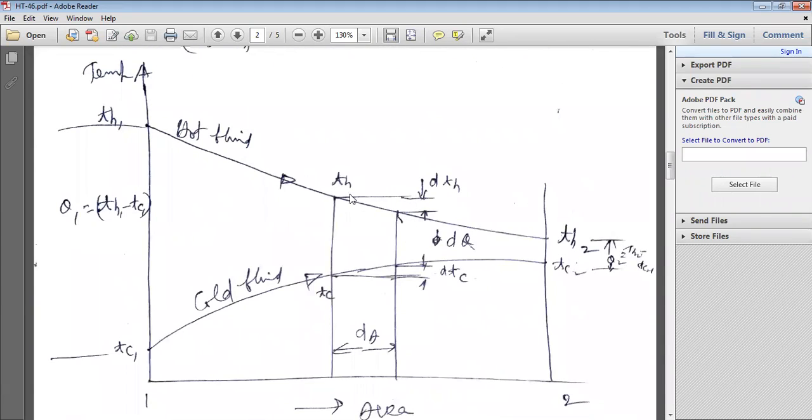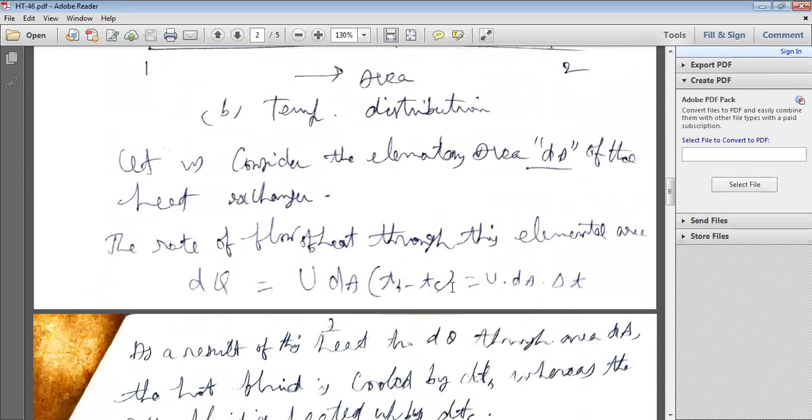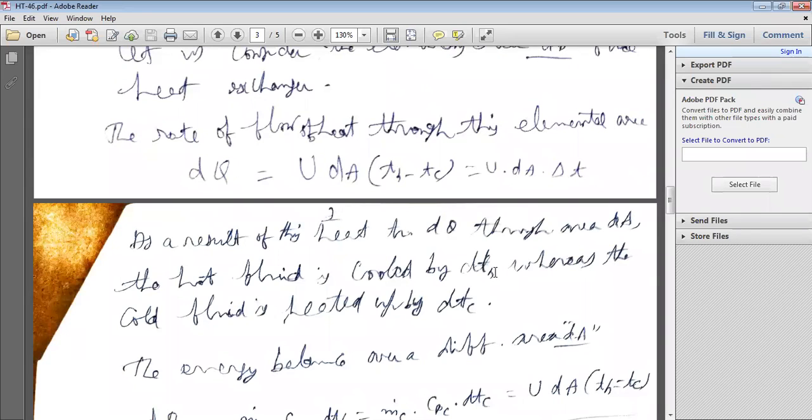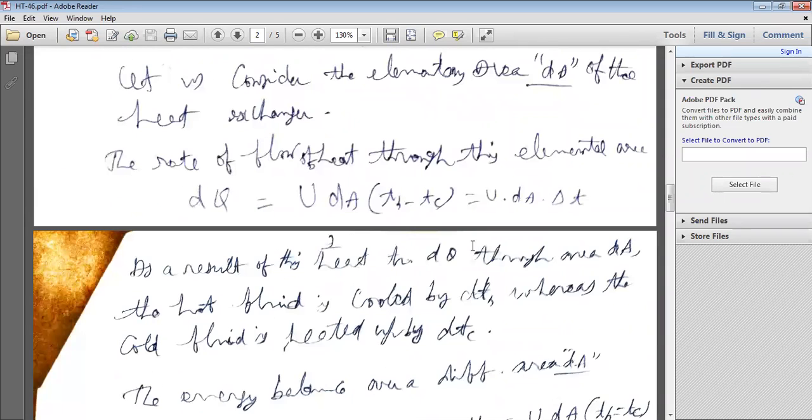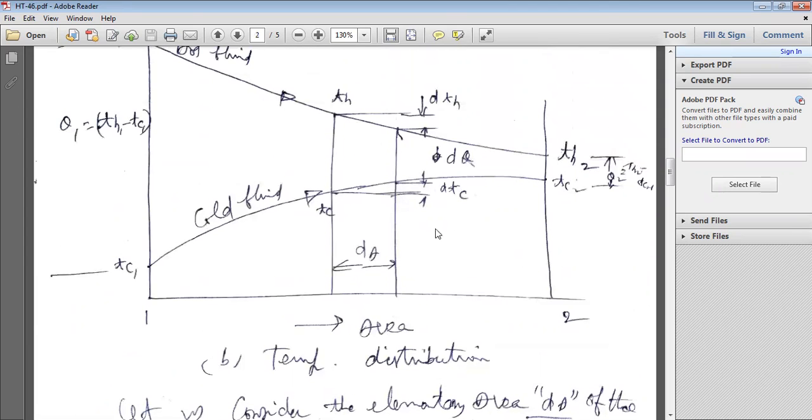The hot fluid temperature decreases by a small value dTH, whereas the cold fluid is heated up. The temperature of the cold fluid increases by dTC. The hot fluid is cooled by dTH, whereas at the same time the cold fluid is heated up by dTC.